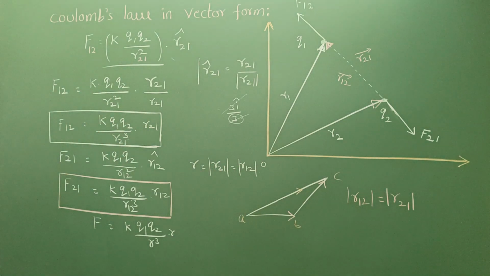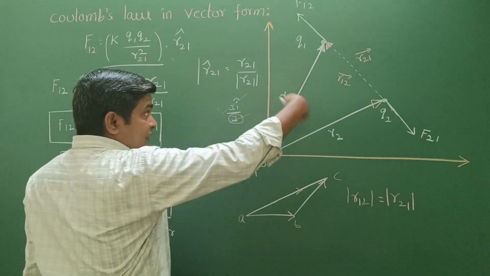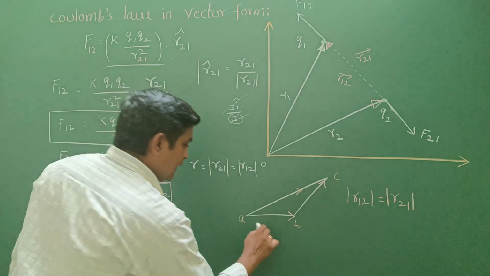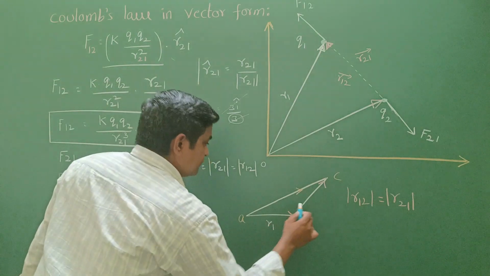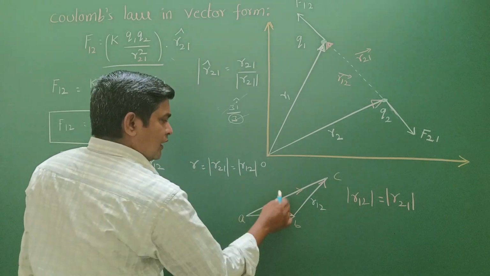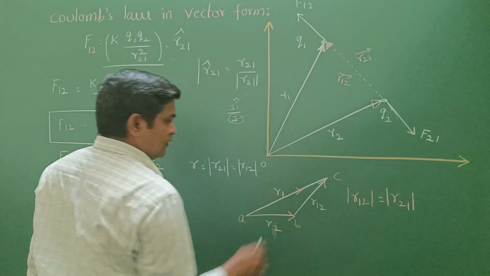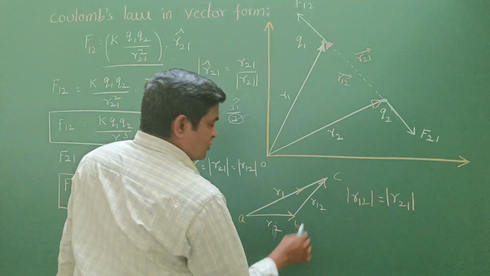Whenever you are writing this, to understand the position vectors clearly, suppose this is R2, this is R1, and this is R1 to 2. What is going to be this? The closing vector, right?